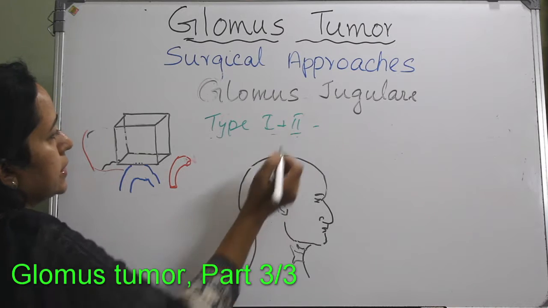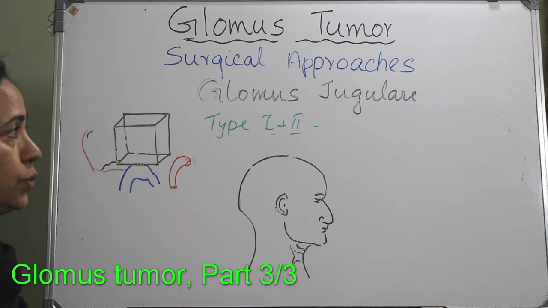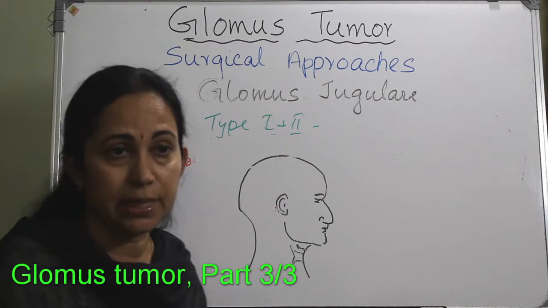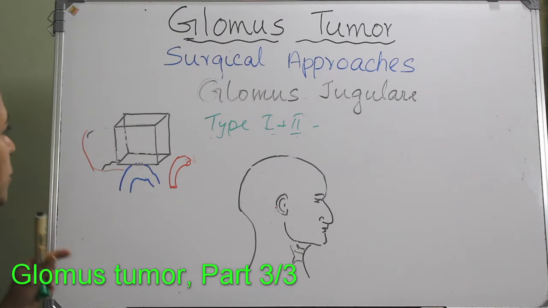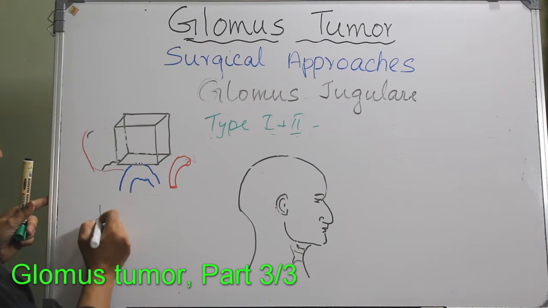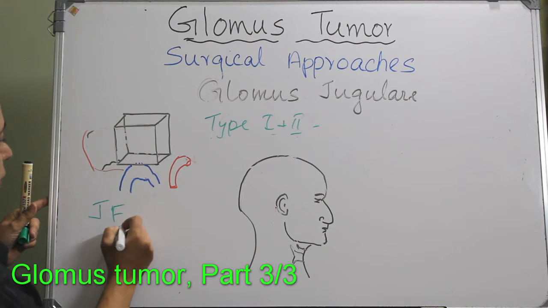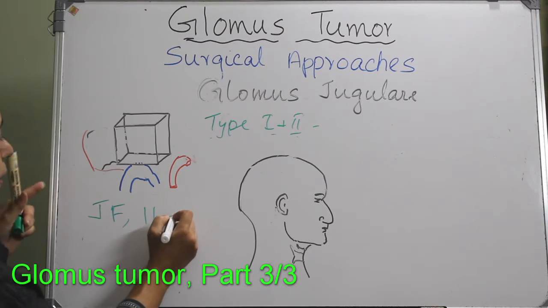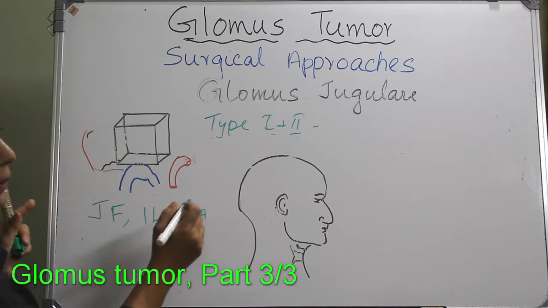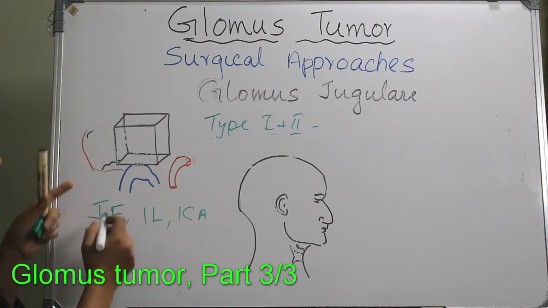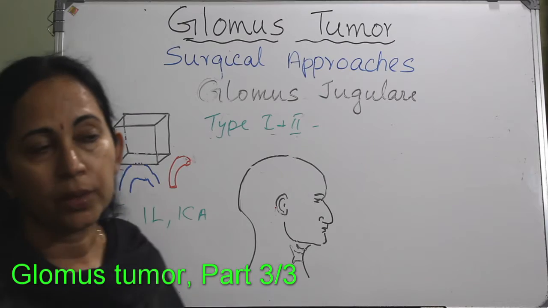We have already discussed the various types according to Glasscock-Jackson, and also the Fisch classification in the previous class. So this much area is the target area.